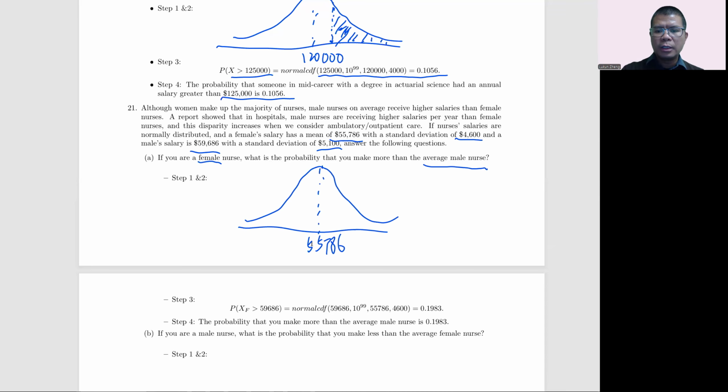So greater than the average male nurse, so that's 59. So you want to figure out this probability. So that's XF is greater than the average of the male. So you find that. Okay, the probability is this.